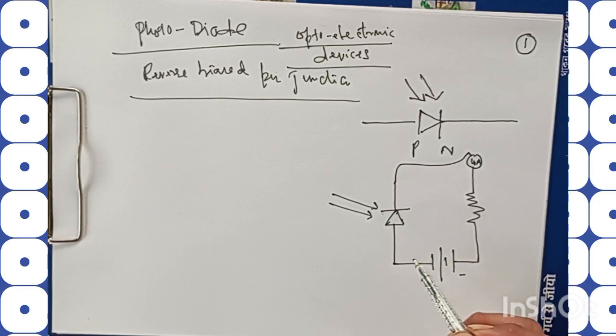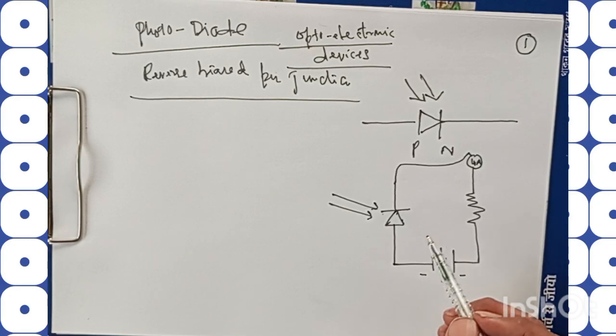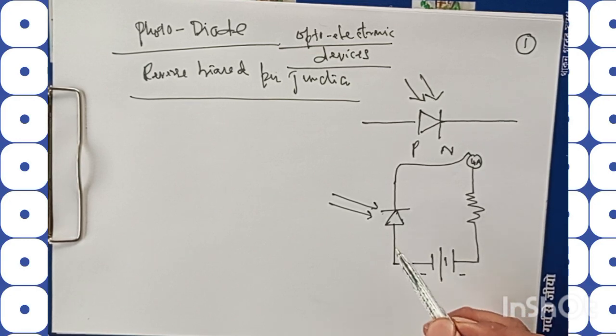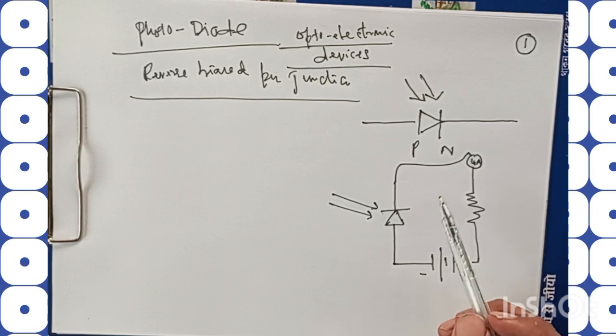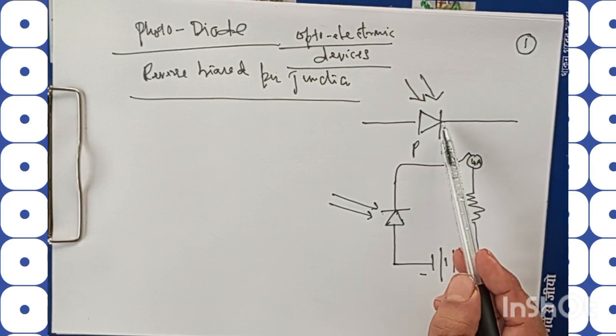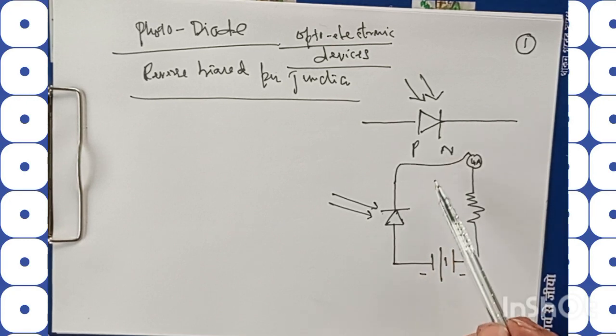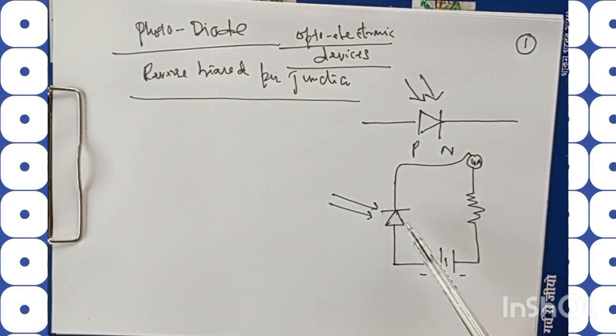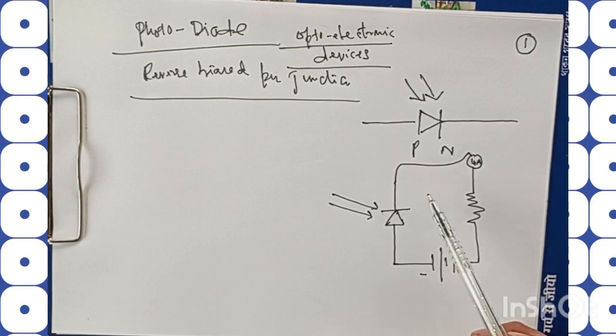Now all other faces of the plastic may be enclosed in a metallic case. So this is my symbolic presentation of a photodiode, and this is how to characterize the VI characteristics of this photodiode.